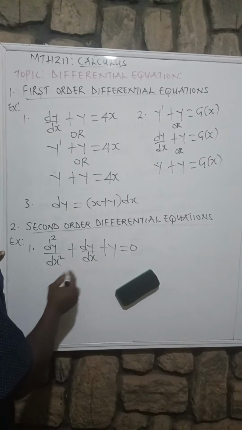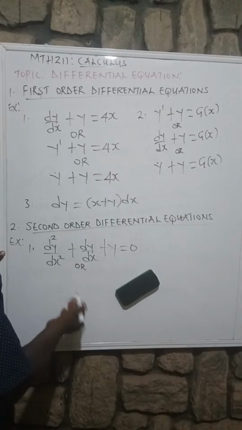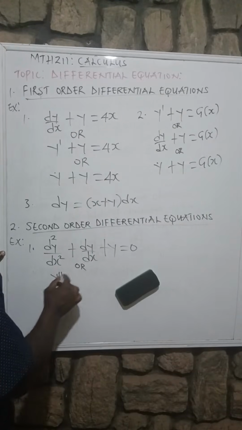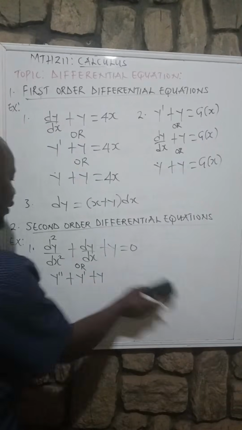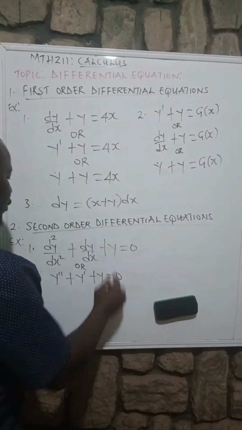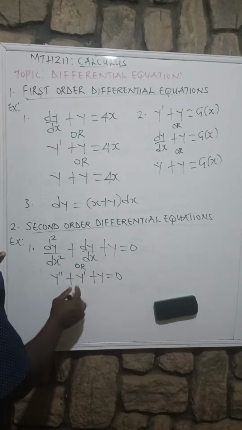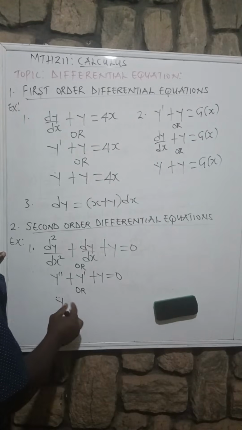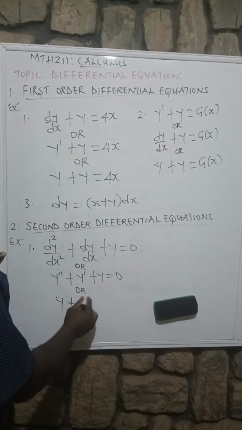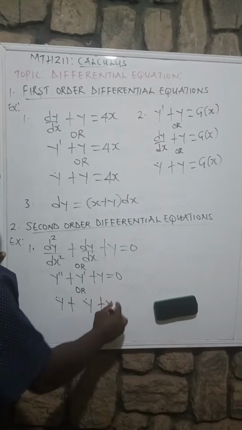This is the same thing as y prime prime plus y prime plus y equals 0. Or this is the same thing as y double dot plus y dot plus y equals 0.